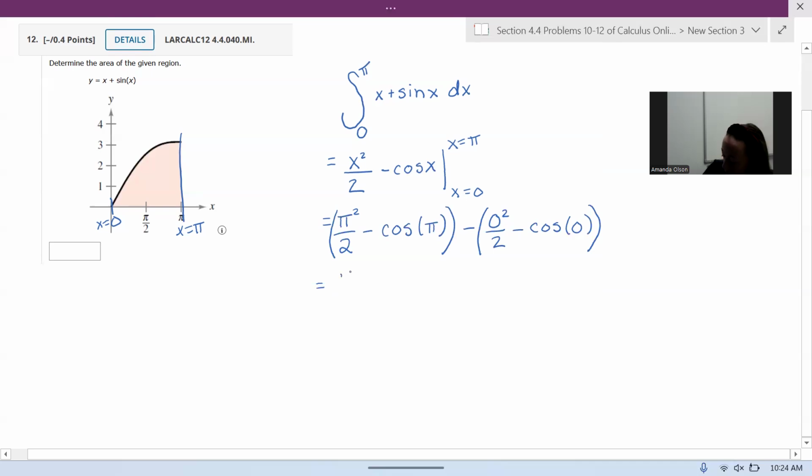This gives us pi squared over 2. Cosine of pi, if you think about it on the unit circle, is going to be negative 1.